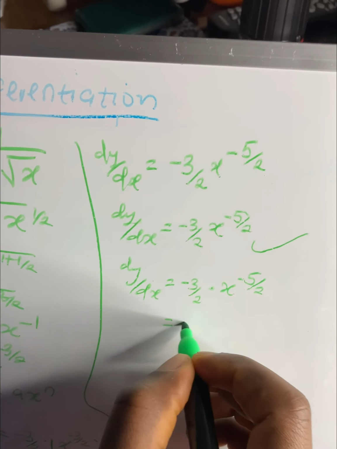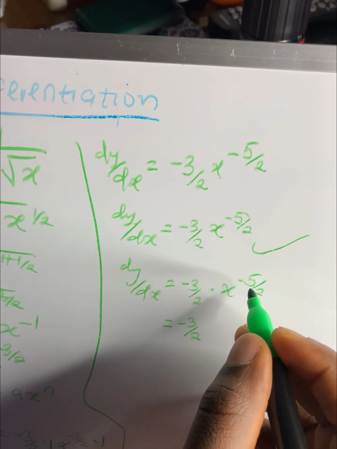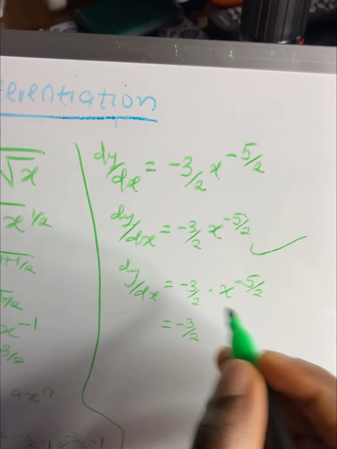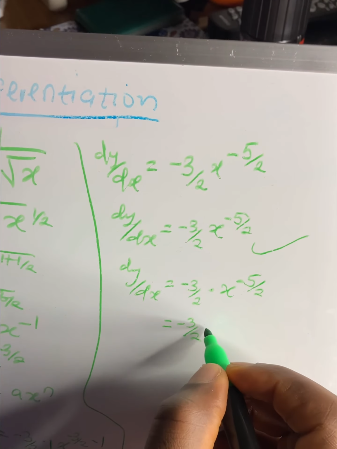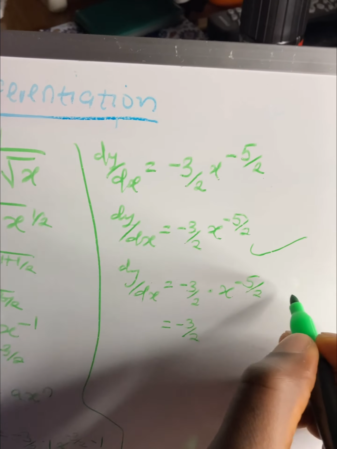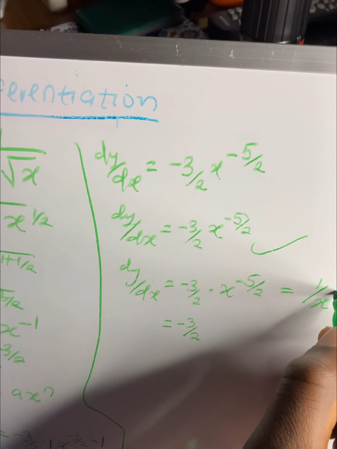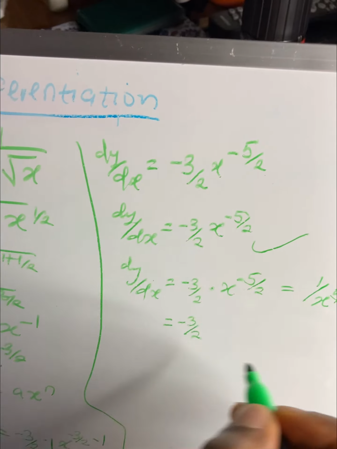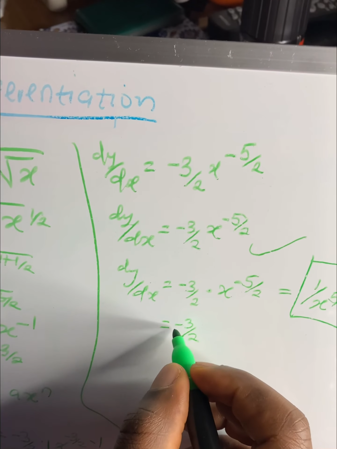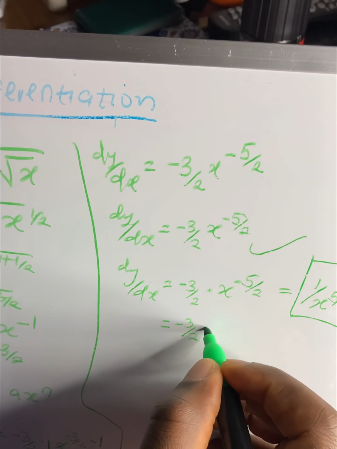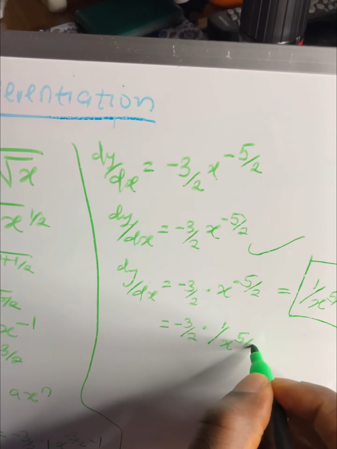We can remove this negative sign by reciprocation, so this will be equal to 1 over x to the power of positive 5 over 2. So this will be minus 3 over 2 multiplied by 1 over x to the power of 5 over 2.